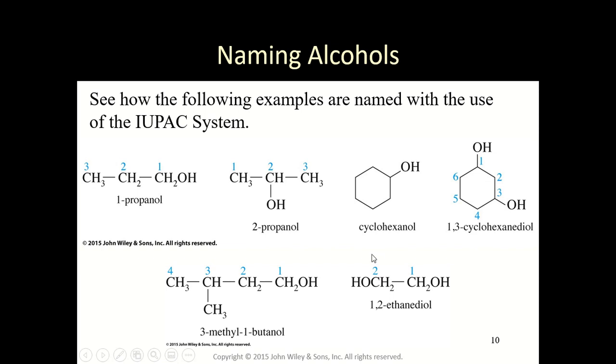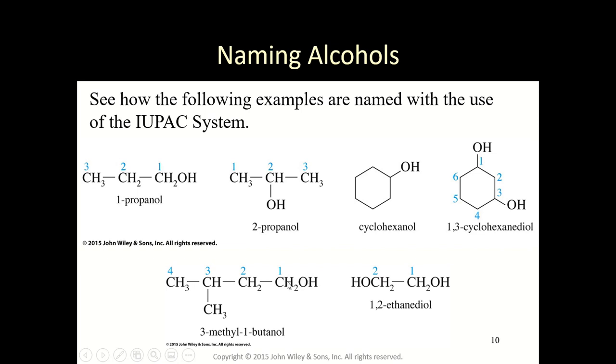This one here, you're trying to figure out what's going on. Find my longest chain. 1, 2, 3, 4. So that's a but-. There's no doubles or triples, so it's butanol. And where do I start numbering from?